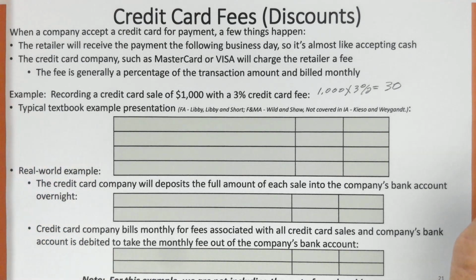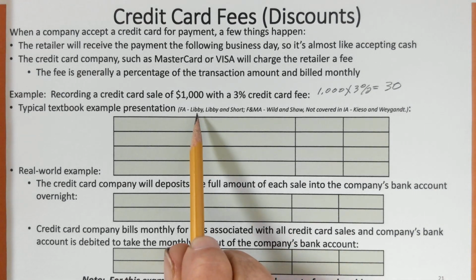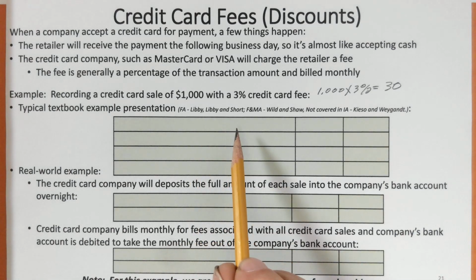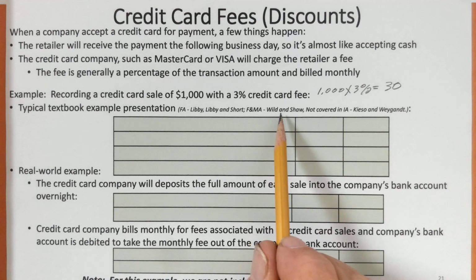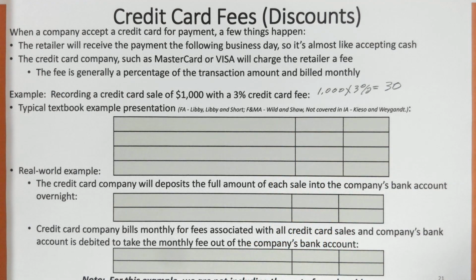Now, one way of doing it, and this is a way that's presented in many, many textbooks, such as if you're studying financial accounting out of Libby and Short or Wild, then it's going to be presented in this way.